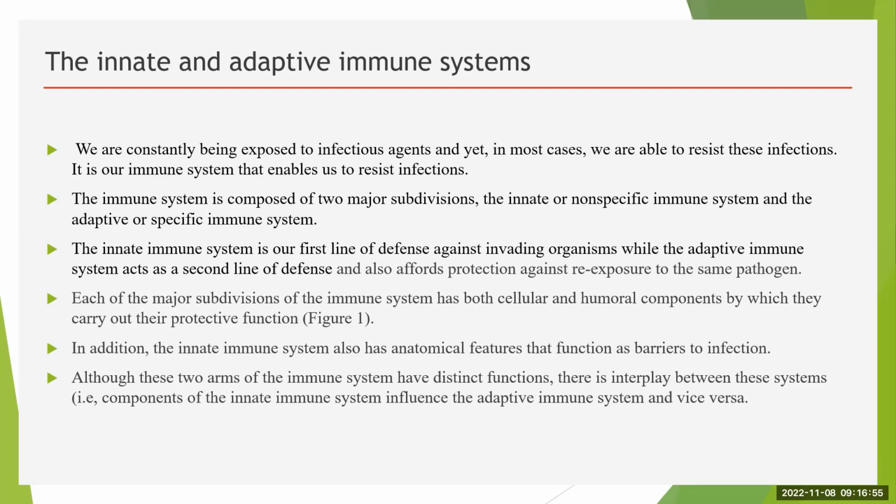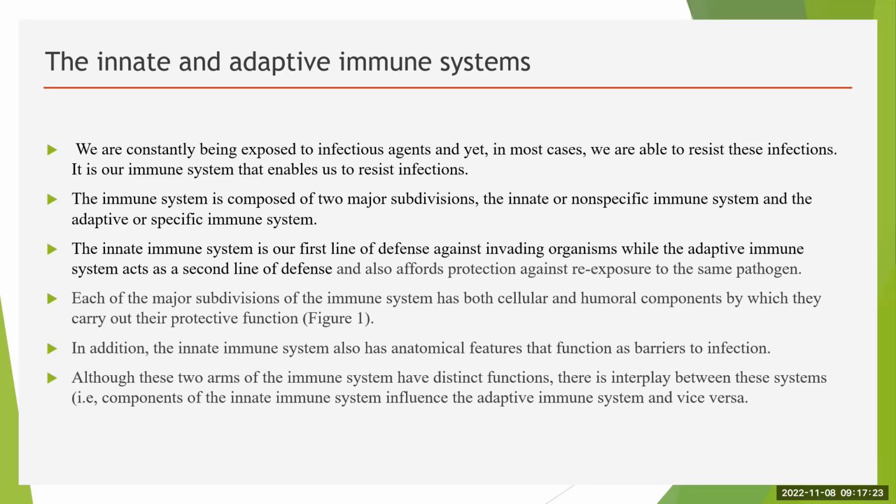The innate immune system is a first line of defense, invading most pathogens and organisms or foreign entities, while the adaptive immune system is a second line defense system that offers protection against any pathogen or any organism or foreign entity that we might be exposed to.